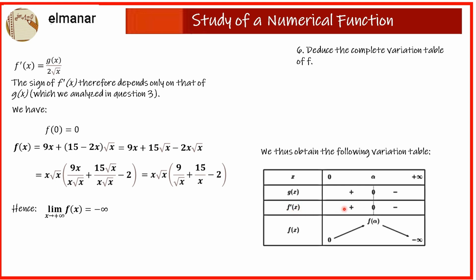Since it depends on the sign of g, it follows the same pattern: positive, then 0, then negative. The third row represents the function f. It is increasing from 0 to alpha, reaches a maximum at alpha, then decreases and tends toward negative infinity.